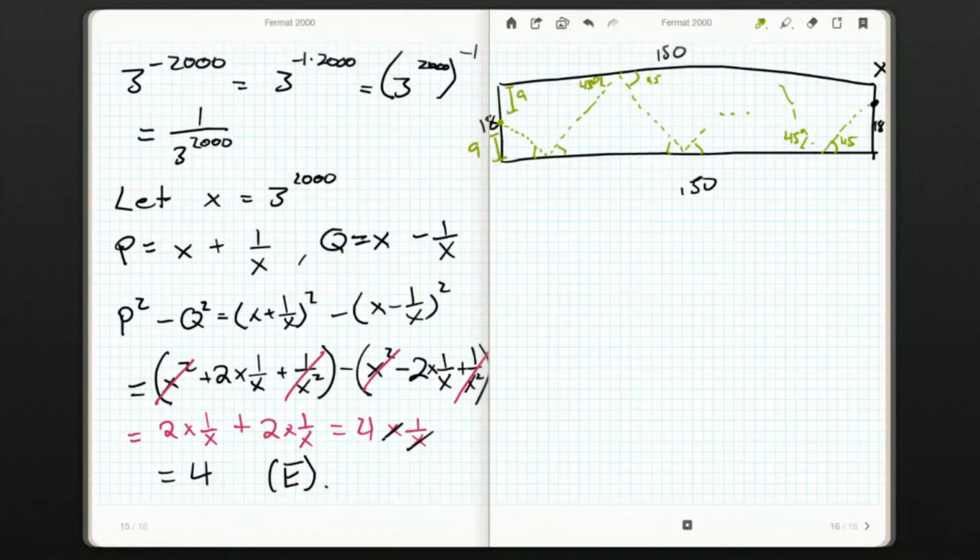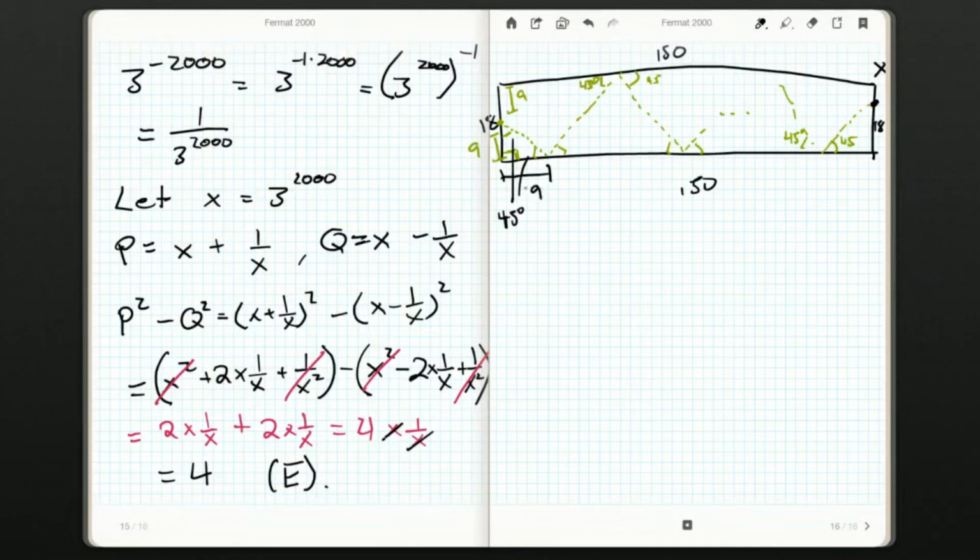But the nice thing about 45 degrees inside a rectangle, well, rectangles have right angles. So these angles of 45 degrees in here mean that however high he went, which is 9, he must have gone that distance across, because it's an isosceles triangle.